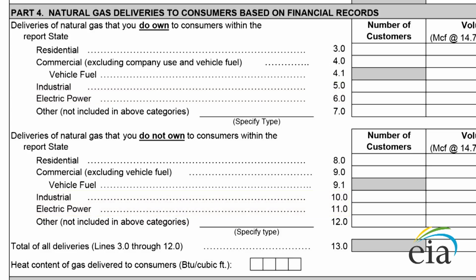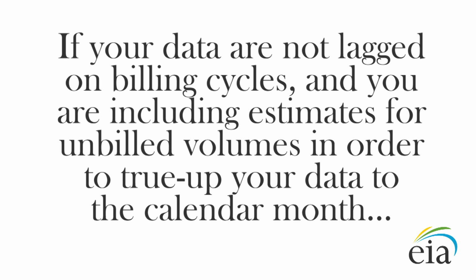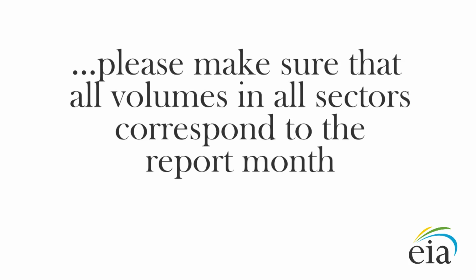If there is no lag, please make sure that these volumes correspond to the report month and not the month before or after. If your data are not lagged on billing cycles and you are including estimates for unbilled volumes in order to true up your data to the calendar month, please make sure that all volumes in all sectors correspond to the report month.